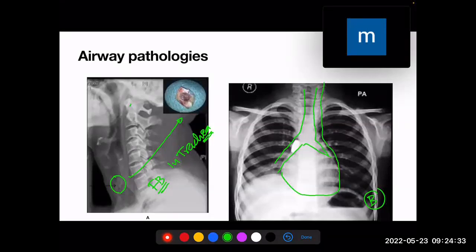The lungs look normal. The cardiophrenic angles look sharp. You can see the gastric bubble. But what is this thing? The foreign body. Where is that foreign body? In the trachea. Where's your trachea?